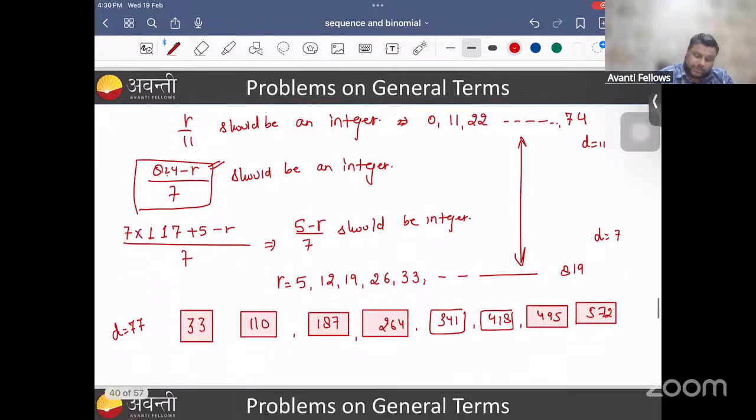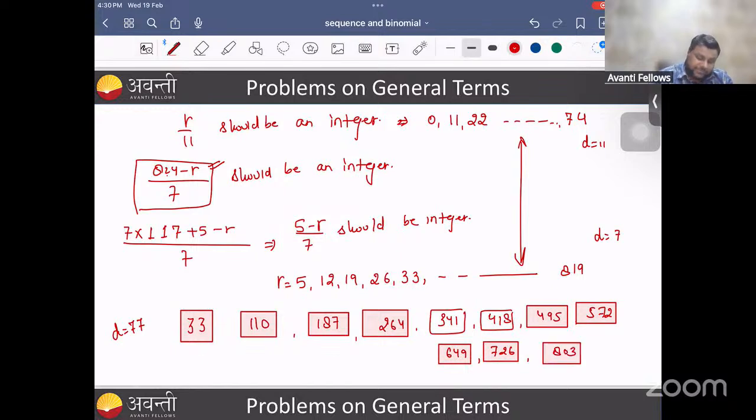Next will be 649. Next will be 726, but we are close to almost an end. And the last will be 803.